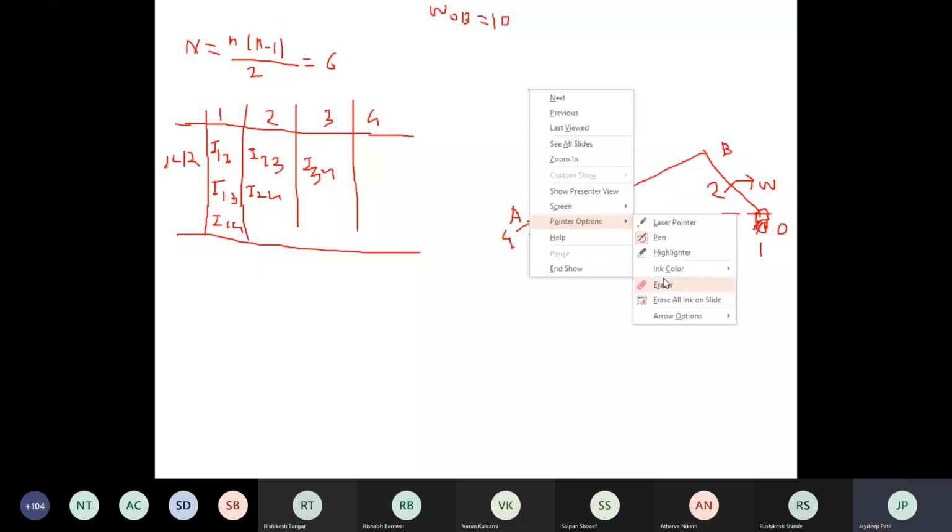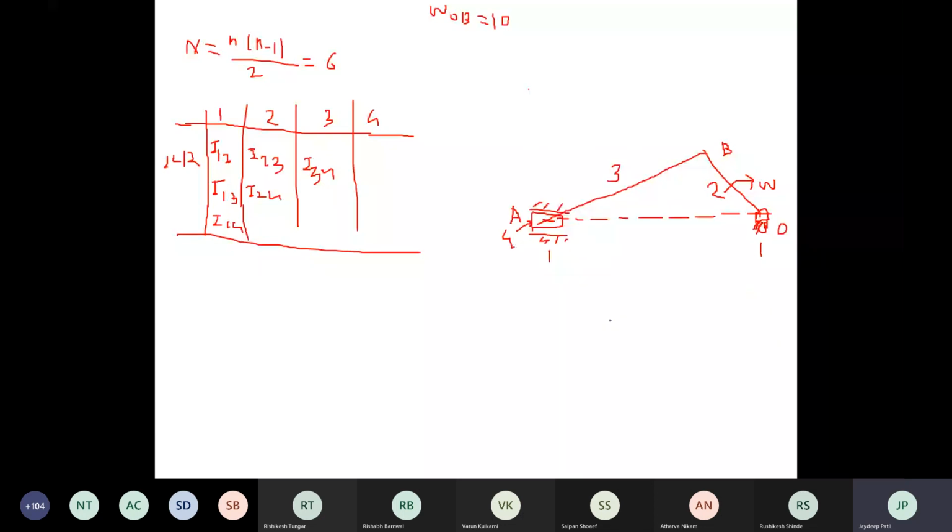I have to mark the ICRs in the given mechanism. Now tell me, at O which ICR will you get here? At O, the intersection of first and which link? I 1 2. Next, at B, I 2 3.